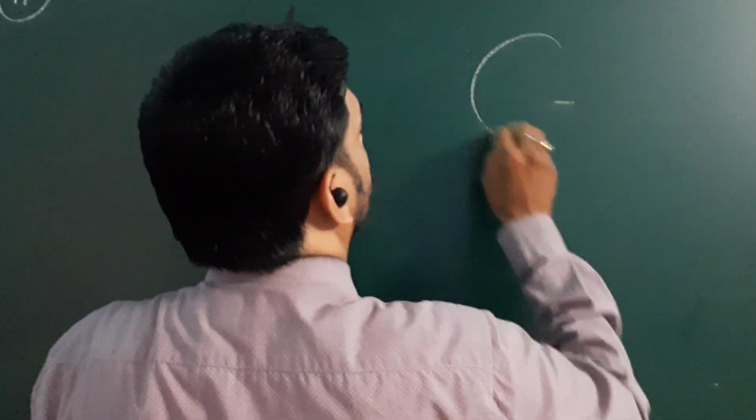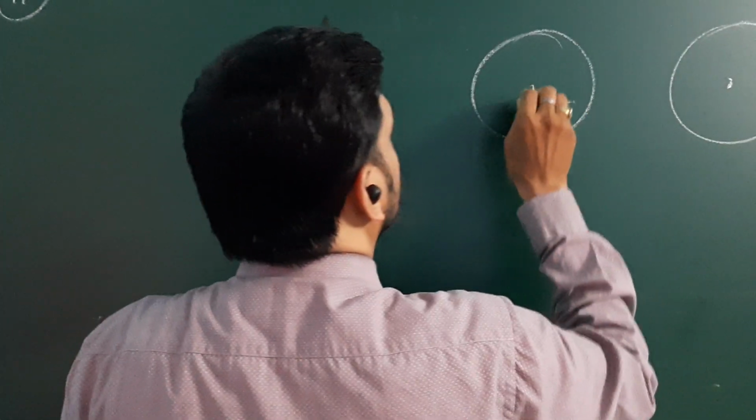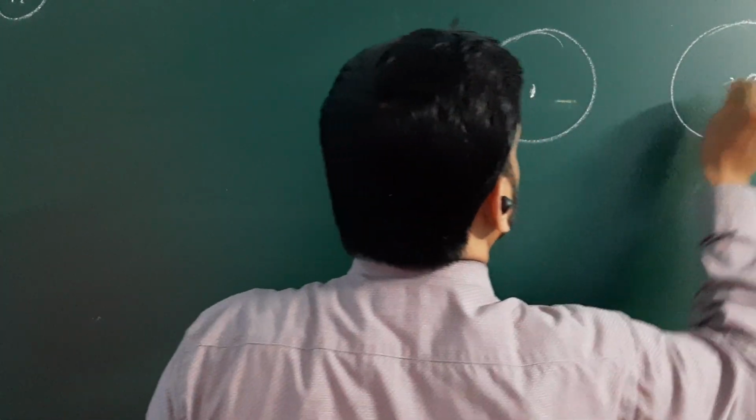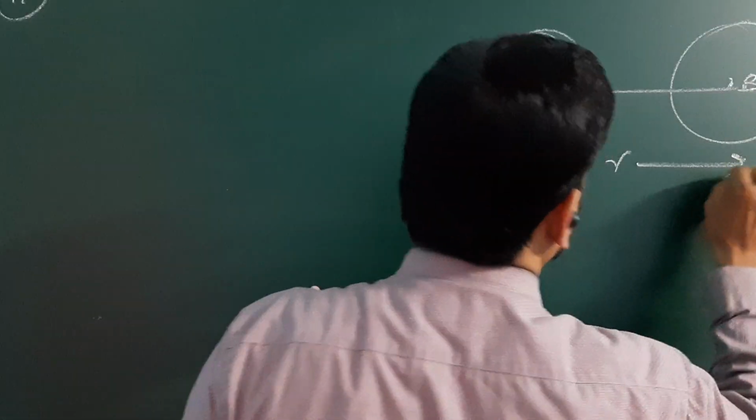Question number 11. What is the question? Two conducting spheres A and B of the same size are situated at some distance apart. Suppose they are at a distance r apart.